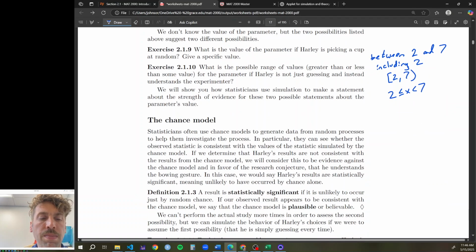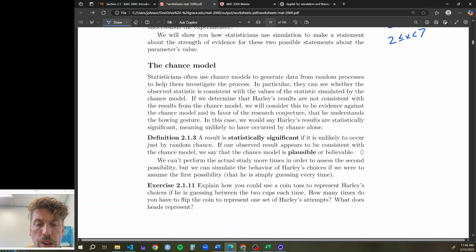All right. Now, the chance model is really important for inferring what's really going on here. In here, we're going to give you a partial definition. This definition we will fill out more later. Right now, we're trying to build on how statistics, because it's a wisdom course that uses math, should make sense with your common sense.